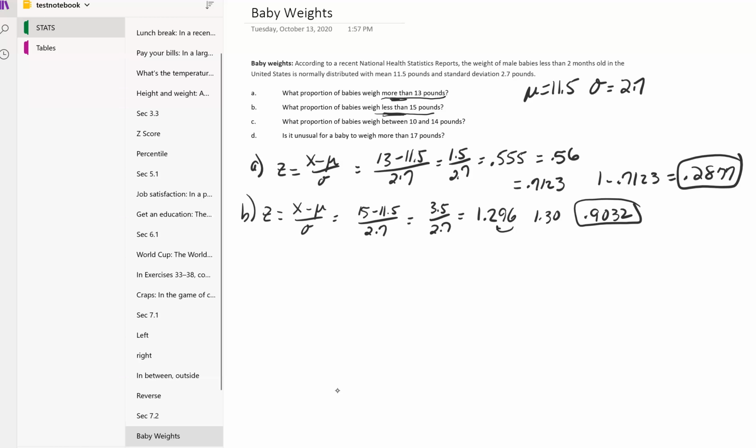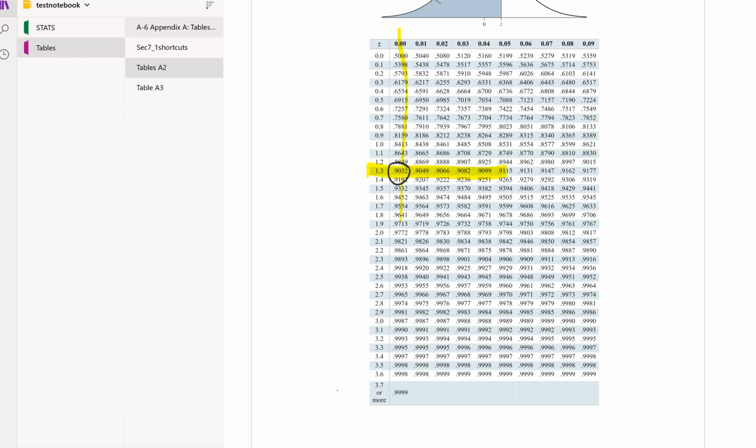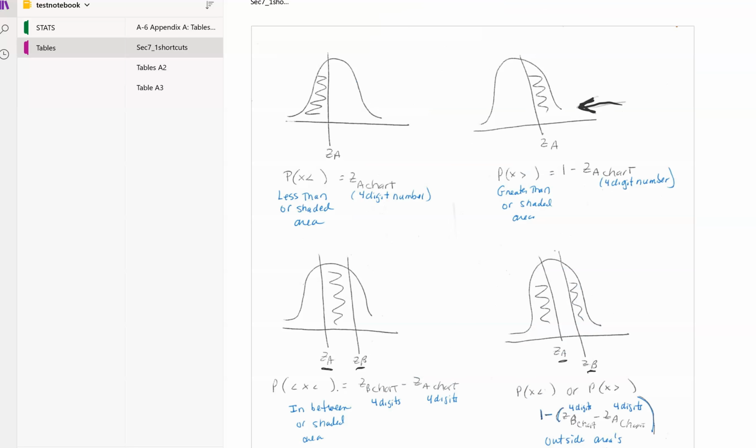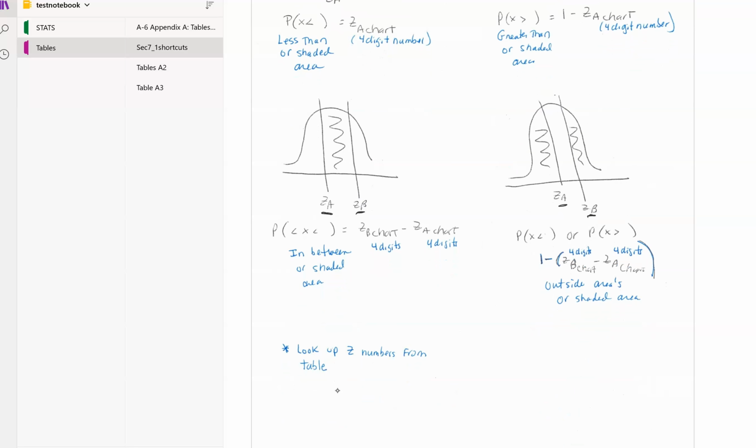All right, part C. Part C is an in-between, so I have to do both of these and then subtract them. So again, as a review of my shortcuts, the in-between is right here. It's an in-between, so I calculate them, look them up, and subtract.